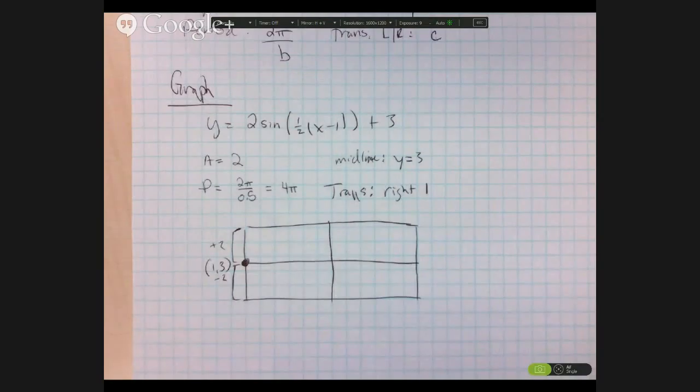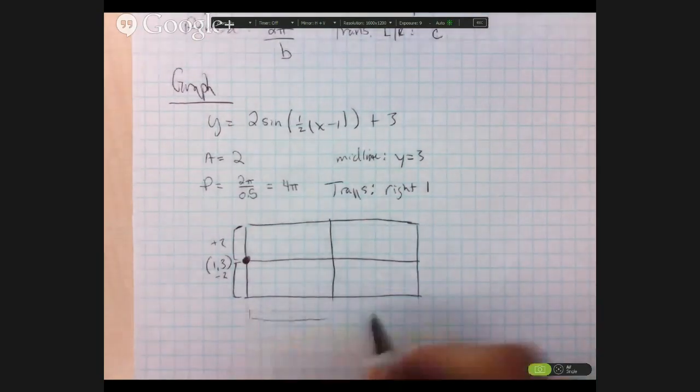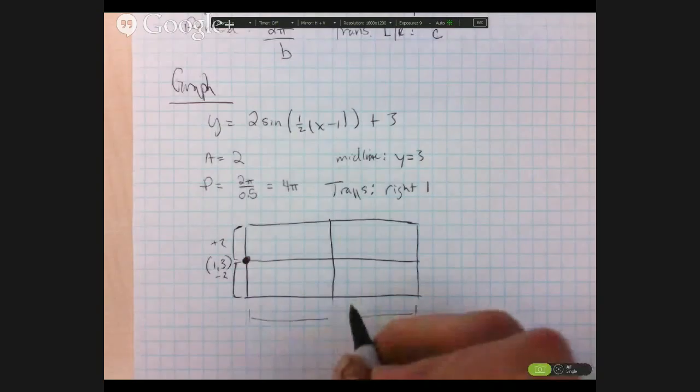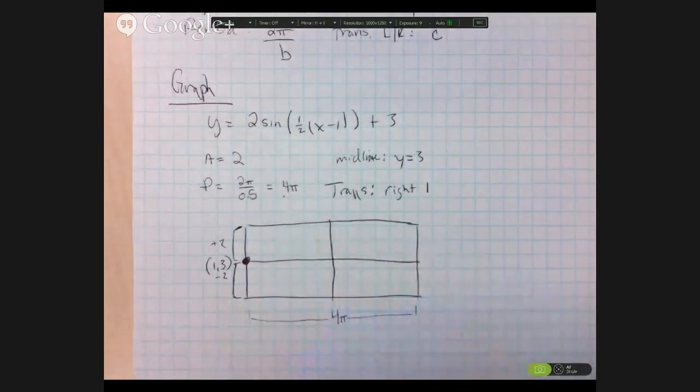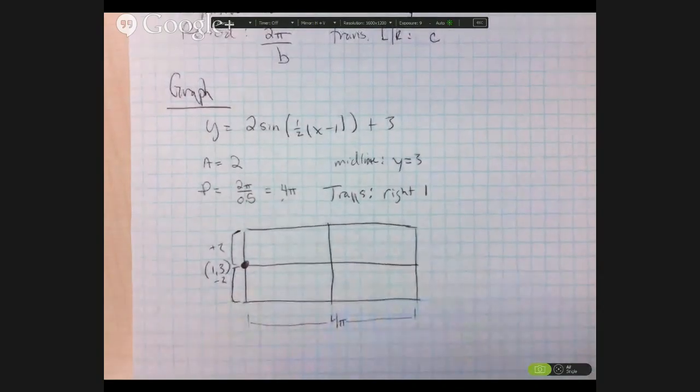See where I got those numbers? The translated right 1 and up 3. So 1, 3. Okay. What's the period of the function? 4 pi. And it's sine, right?